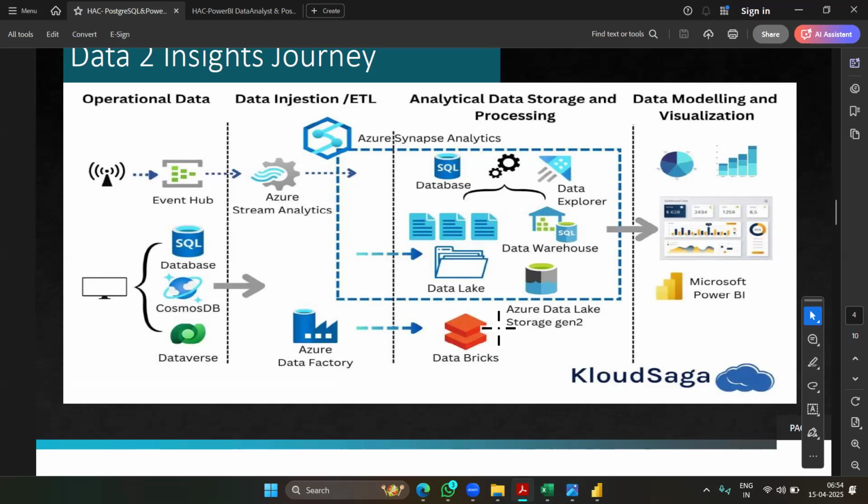That is the reason we are learning PostgreSQL. Also, the reason I'm taking PostgreSQL is that it's open source, completely free. I could pick one of the databases from the Microsoft Azure side, but what I feel is that since you are learning Microsoft Power BI, let us have exposure to one of the open source databases also.